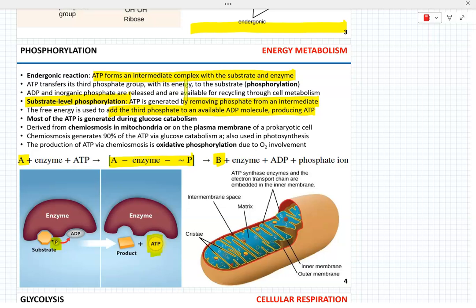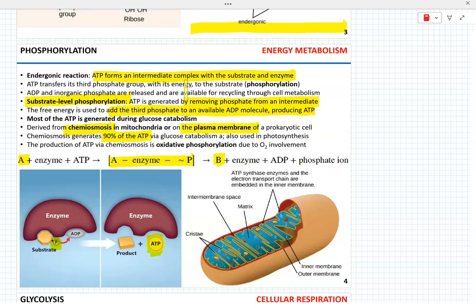Most ATP is produced in the process of chemiosmosis in mitochondria, if we're talking about eukaryotic cells, or on the plasma membrane, if we're talking about prokaryotic cells. Chemiosmosis effectively generates about 90% of the ATP by collecting electrons during the process of glucose catabolism.